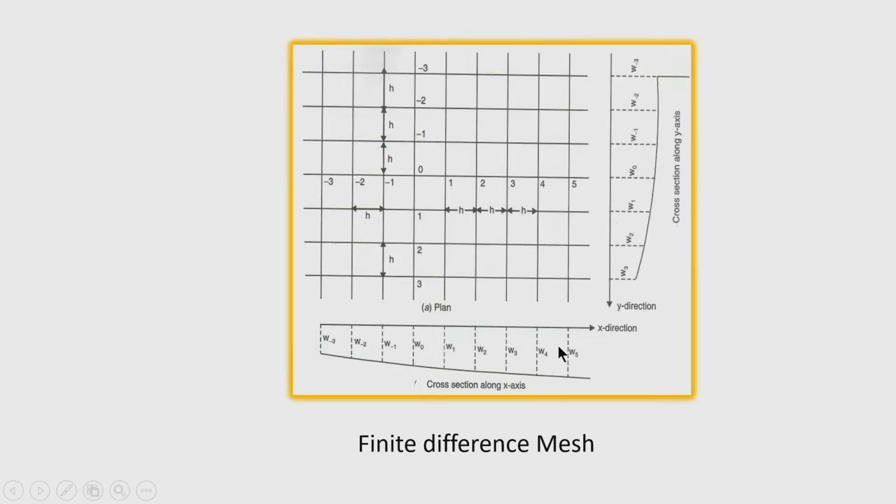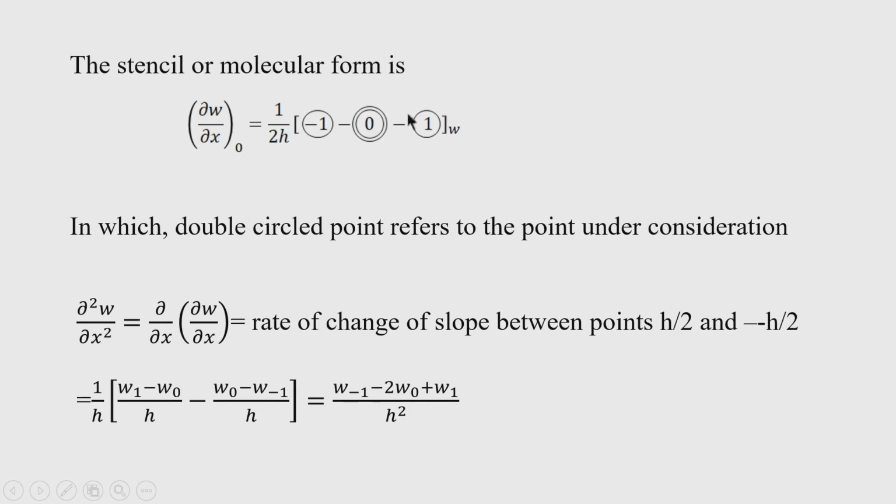So, I can write in this molecular form 1 by 2 h, the distance between node 1 and minus 1. On the right hand side this is W 1 with coefficient plus 1, and on the left hand side it is W minus 1 with coefficient minus 1, and the central value, W naught, does not appear in the expression. So, this value is taken as 0.